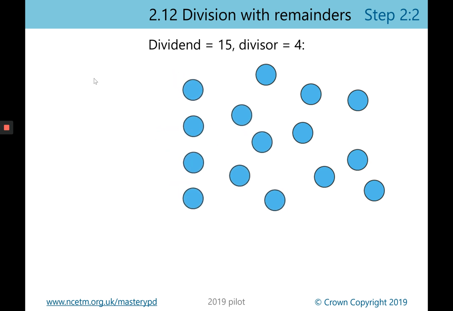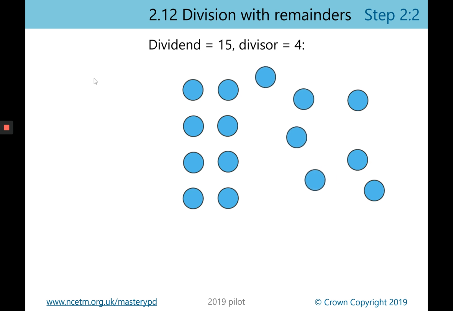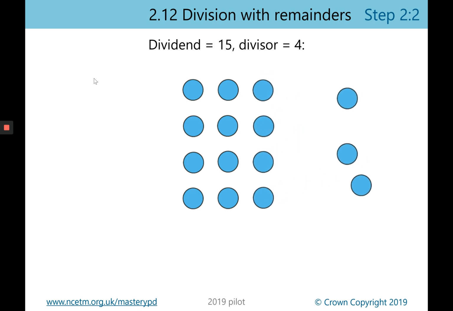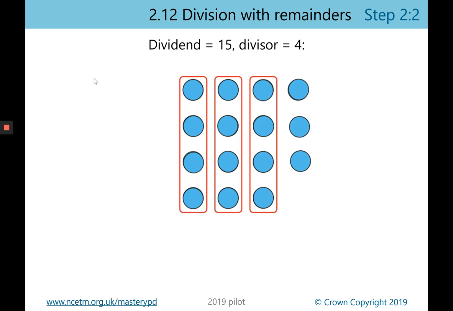There's one group, 2 groups, 3 groups. And how many have I got remaining this time? 3. Well done if you got that. So 15 divided by 4 equals 3 remainder 3. So 15 divided into groups of 4 is equal to 3 with a remainder of 3.